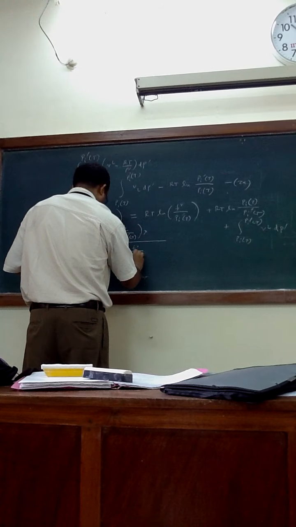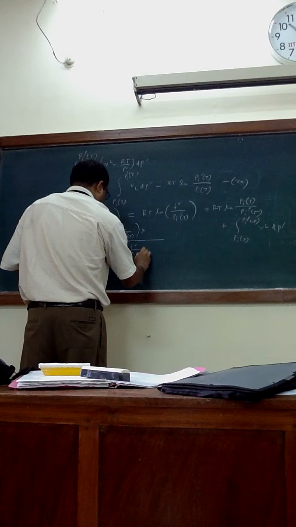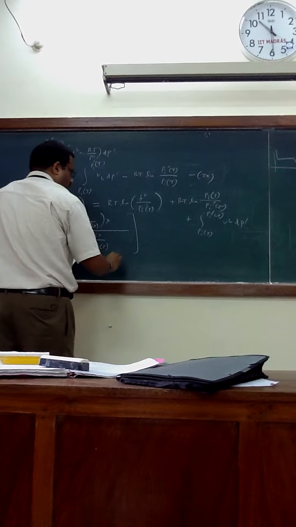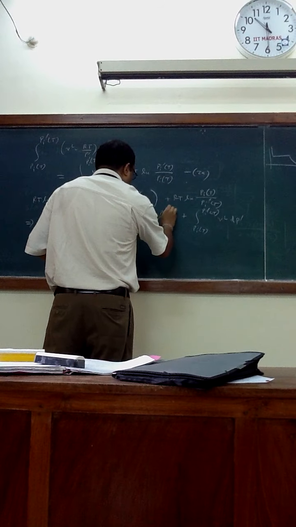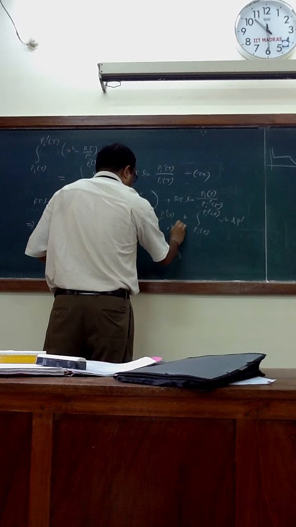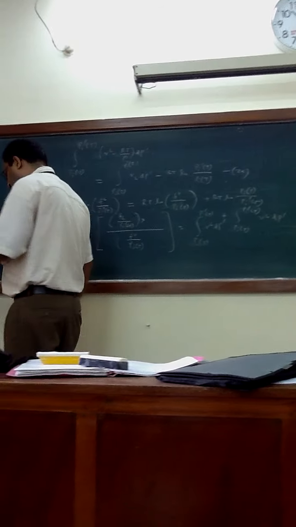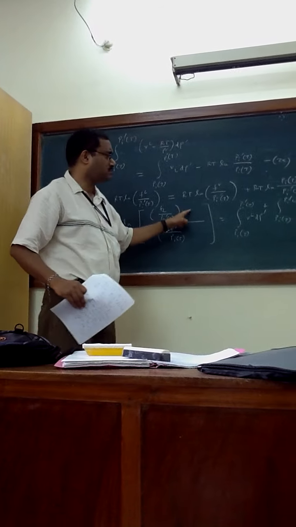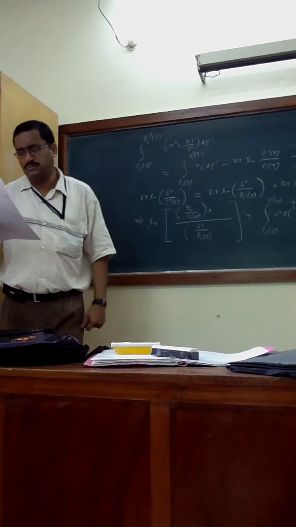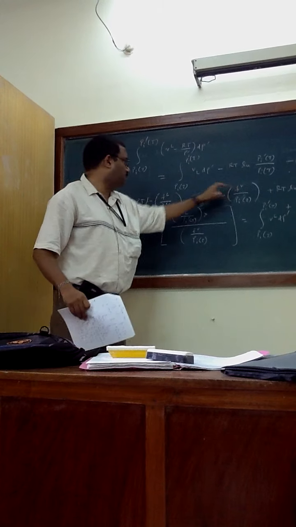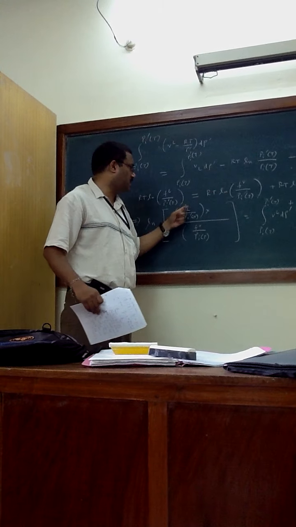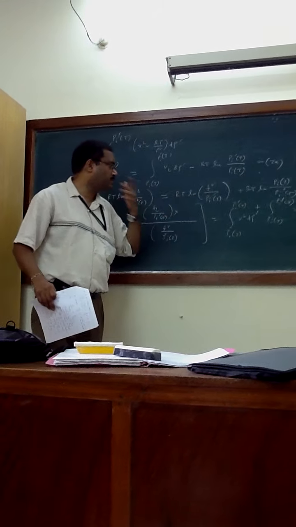Fv by Pi. What is this term? You have to tell me. Equals Pi T to Pi prime T Vl dP prime. What is this term? Some other term is there. This is coming from here: ln A minus ln B is ln A by B. This also is coming.